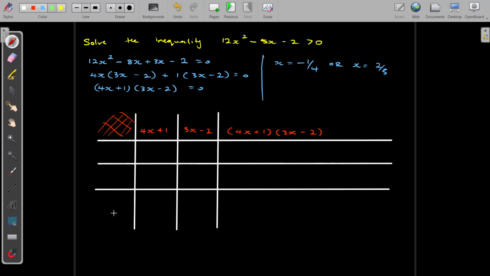So we look at the smallest of those x values and say if x were to be smaller than that value, then we look at the possible range that we could get from the smallest to the next one and say if x was to fall between -1/4 and 2/3, and then we say if x was to be bigger than 2/3. So you see how we get the possible solution sets?